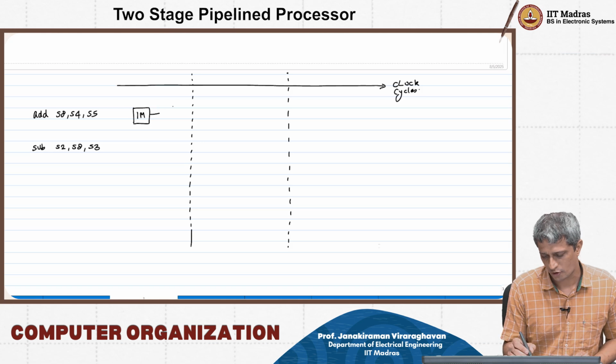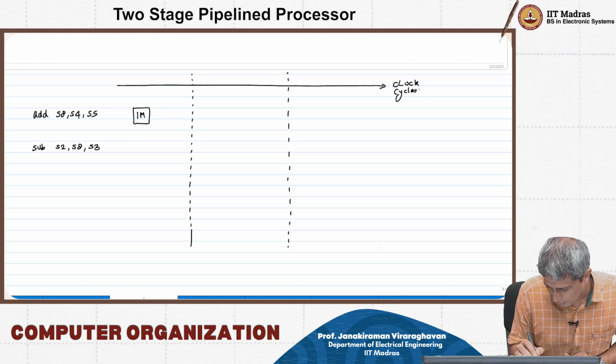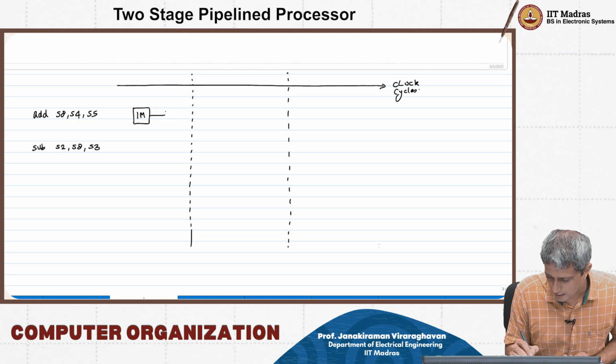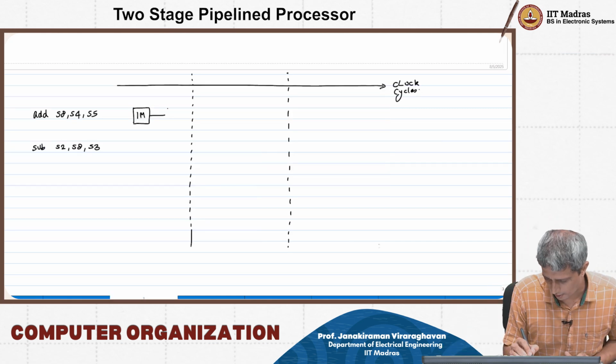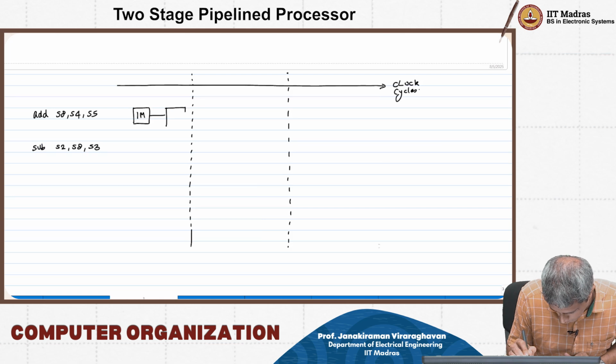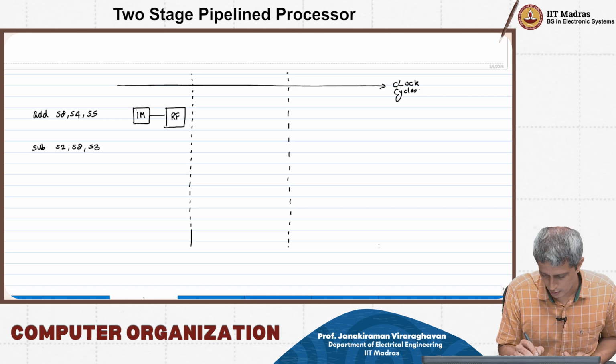You've got that instruction, okay, and then you are basically going to the register file. So I'll tell you what that thing is. I will just call it RF, okay.